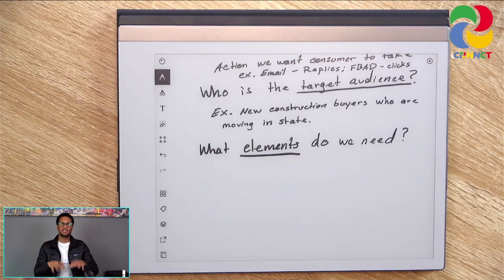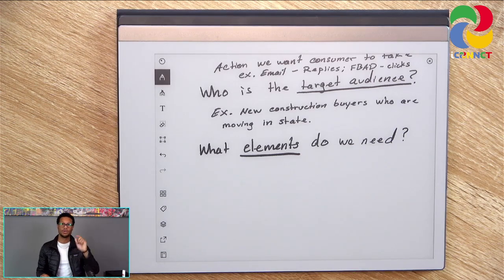For the sake of looking at the next one, which is the elements, I'm not going to get into the actual creating of landing pages, sales copy, or any of that nature. I'm just going to go over the elements that you need to consider when you are running these marketing campaigns, specifically using the example of Facebook ads.